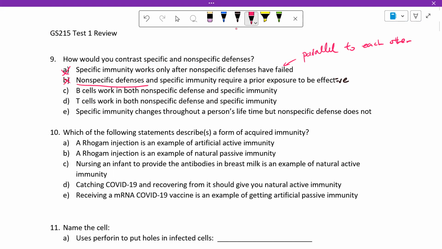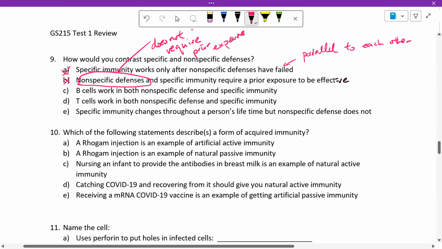No, that's not true. Non-specific defense does not require prior exposure, right? And specific immunity doesn't really need prior exposure either. You could get it for the first time, but it just takes longer to recover. And in the future, when you have the same infection again, it works better. It's more effective, right?